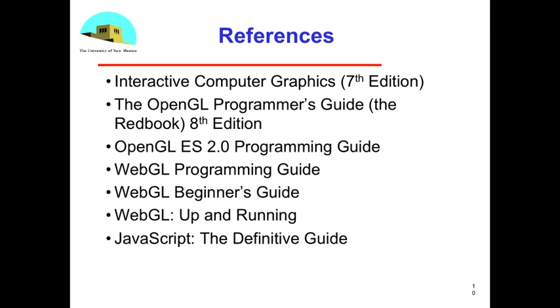WebGL is based on OpenGL ES2. ES stands for Embedded System, so it's a somewhat stripped down version of OpenGL that was meant to run in handheld devices, which then became smartphones primarily.